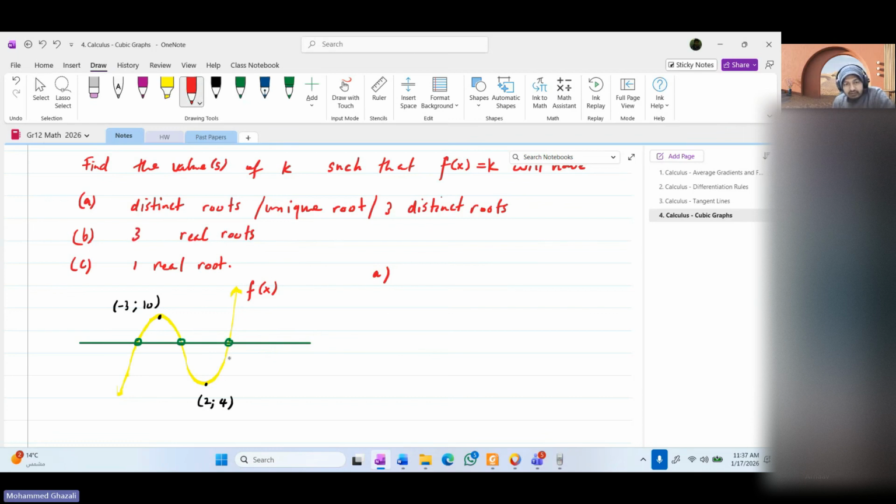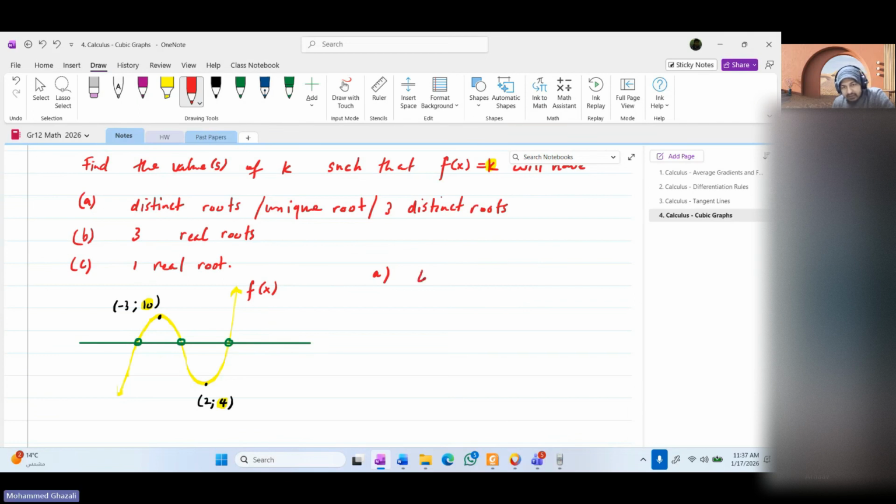So what are you looking for in these cases? Because they said f of x is equal to k, you are only looking at the y values. So how should I cut the graph here? What should the value of k be over here so that you're going to get three real roots? The value of k should be between 4 and 10.